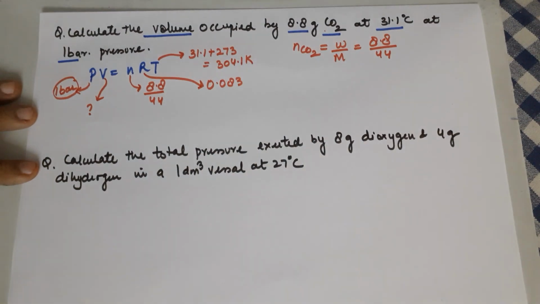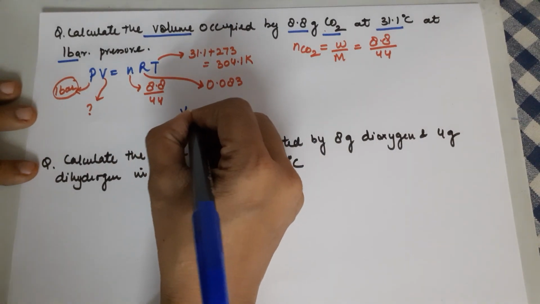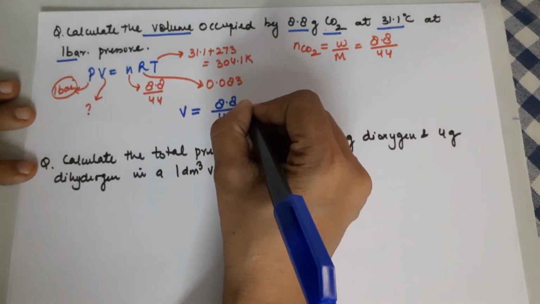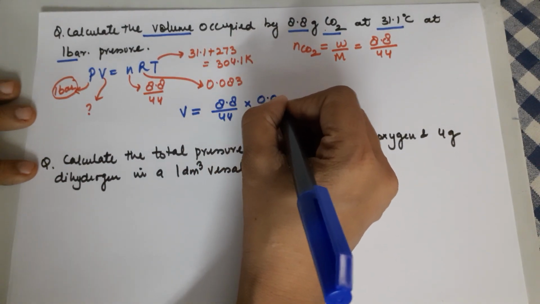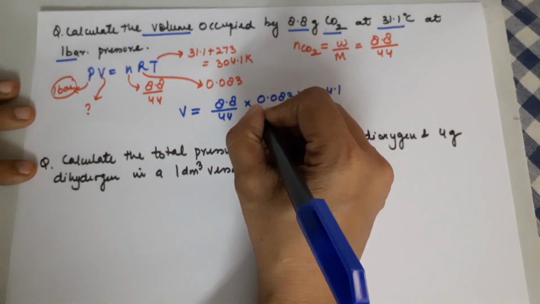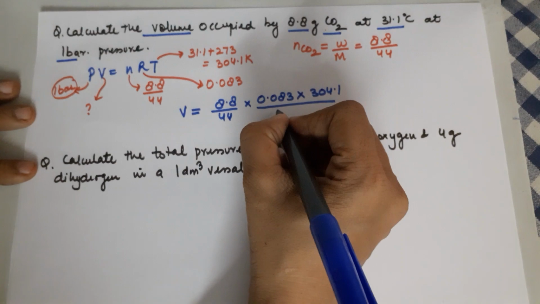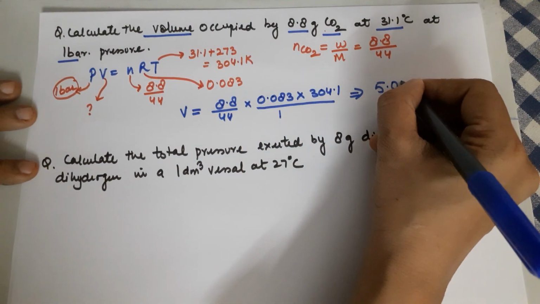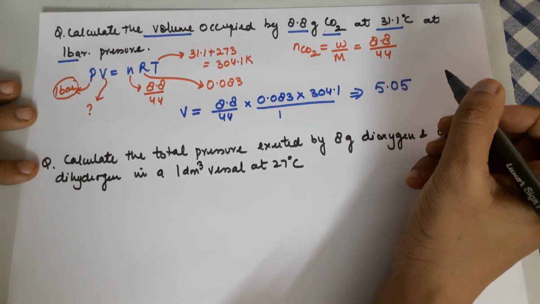So your answer in this case is volume therefore would be equal to 8.8 by 44 multiplied by 0.083 multiplied by 304.1 the temperature divided by the pressure, which is 1. On calculation, this value comes out to be 5.05, and what will be the units?